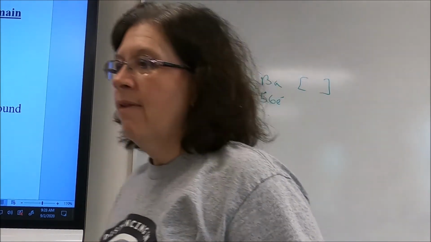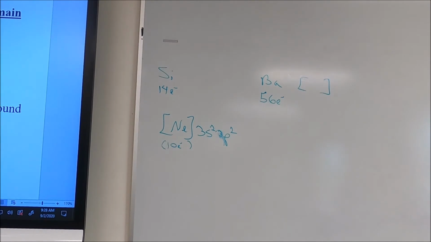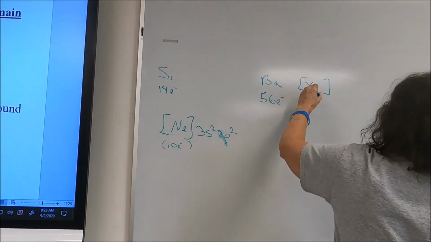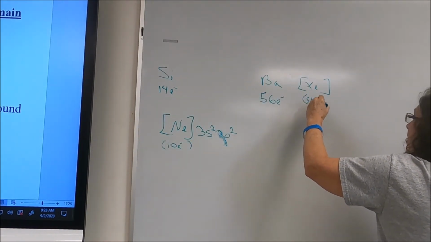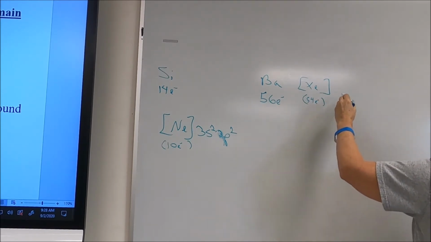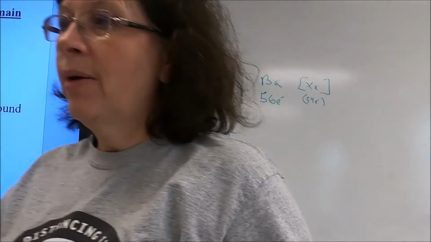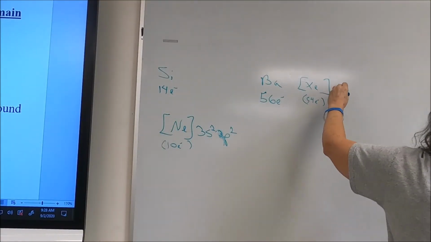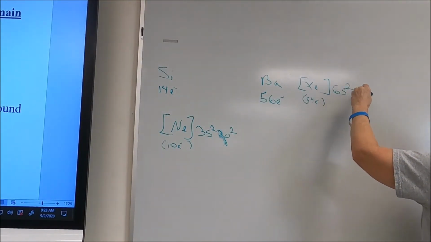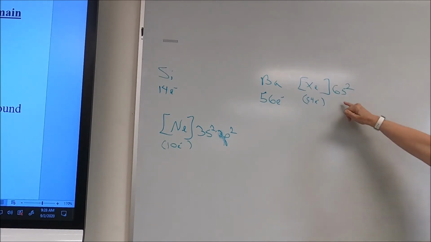The row above barium ends in xenon. So I put xenon in the box. Xenon has 54 electrons. Barium is 2 past. Barium is on row 6. So 6s2. So it's very obvious. Okay?